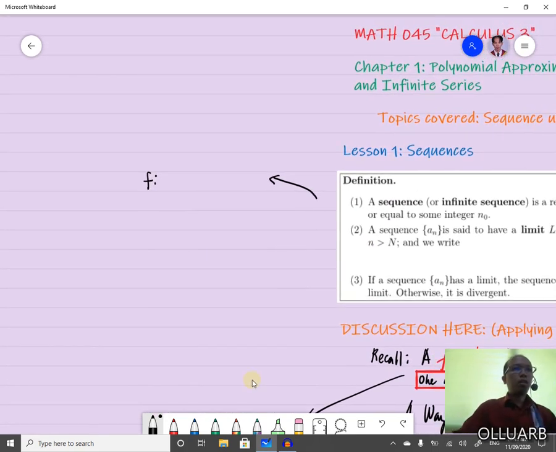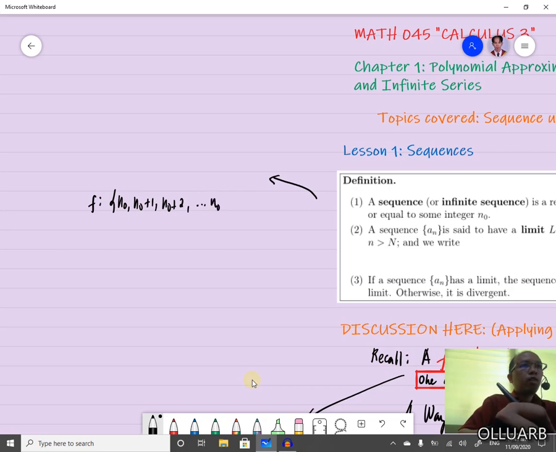Sorry, I had to erase this one and try to explain this. So our function whose domain is this set of integers up to n sub o plus n maps to the set of real numbers.